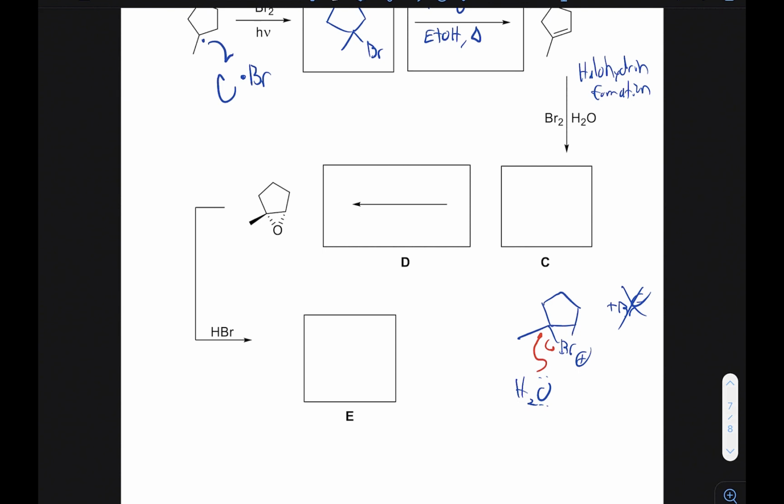And so it reacts at the more substituted carbon. And the reason for that, in case you've forgotten, is that in these cyclic intermediates, like this bromonium ion intermediate and epoxides, which we'll see in a minute, there's more partial positive charge on the carbon that is more substituted. This bromonium ion intermediate is pretty strained.